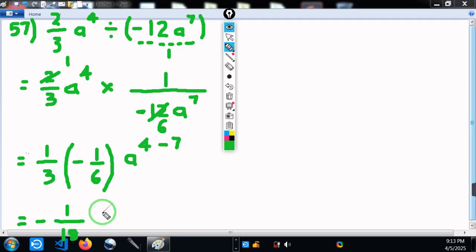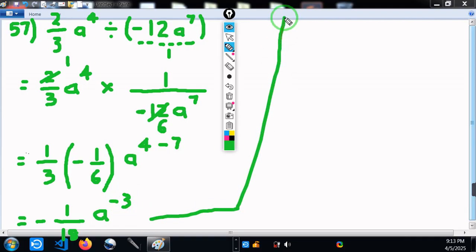Then here we have a. 4 minus 7 cannot, so put minus, then take the 7 minus 4 will be equal to 3. This one has a negative, the wheels on the bus go round and round, just to help you remember, means this is a 1 over. So the negative 1 over 18 you write down is negative 1 over 18.